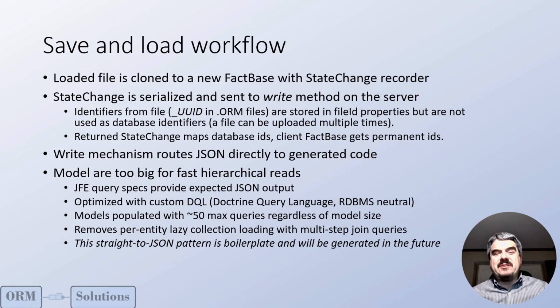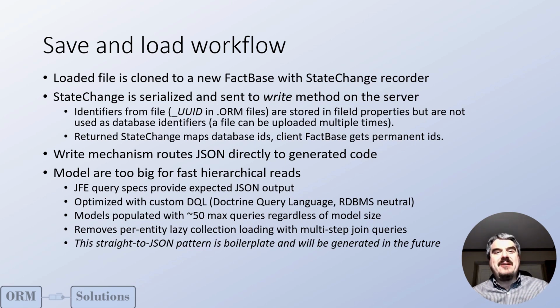The major operation that happens besides the database write is that the IDs are changed when we do this. The IDs in the model file itself are a bunch of GUIDs. But you can load the same model in multiple times, so we can't really use those GUIDs as the primary database identifiers. So as soon as the model is loaded into memory and onto the database, we get a return that says, well, these are the old IDs, these are the new IDs.